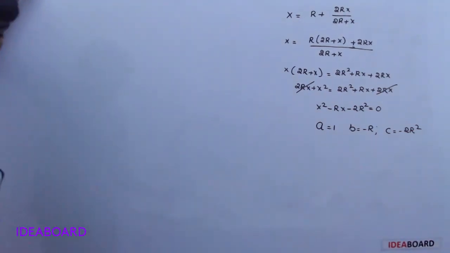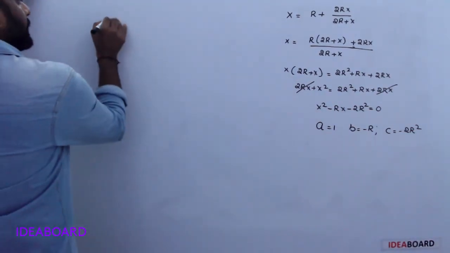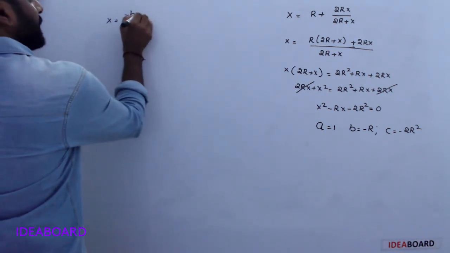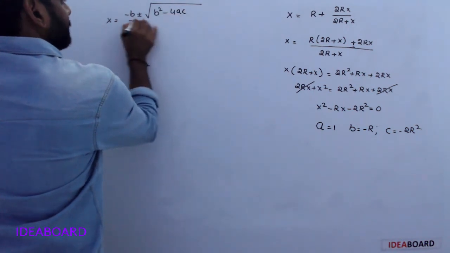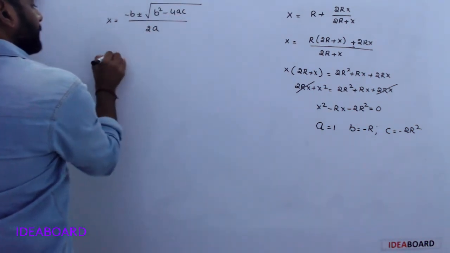Okay, you know x is equal to minus b plus or minus square root of b square minus 4ac by 2a.